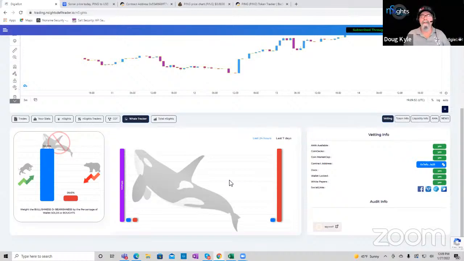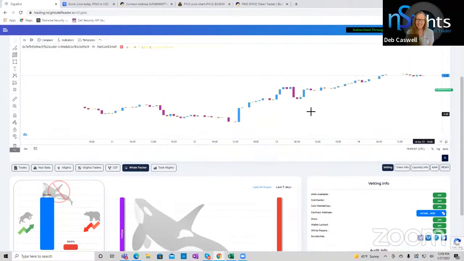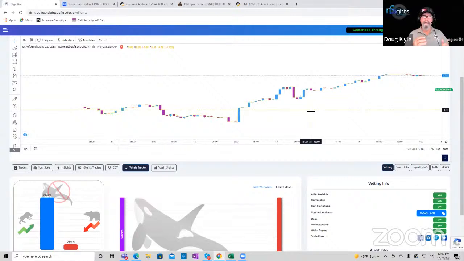That does two things, and I want to talk about that just a little bit. As we trade, and as our system's being used, right, and people are buying and selling, but learning how to accumulate, that's going to help our token go up in value. That's going to help nSights go up in value. It's going to attract more people to nSights.